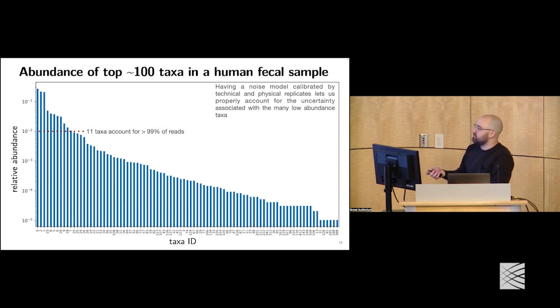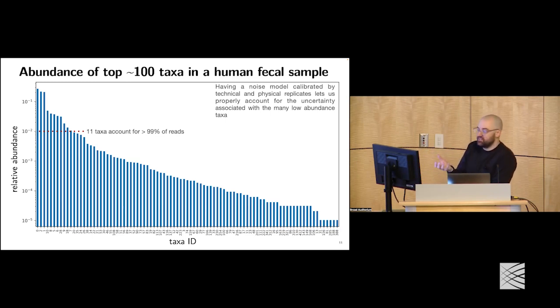I just wanted to point out that the top 10 bugs take up 99% of the reads. And I'll try to show this later: a lot of the interesting stuff is going to be going on in, this is just the top 100 bugs, from the bug at the 90th percentile down to maybe 10% or 5% of the reads. That's the abundance that E. coli is at, and that C. diff is at.